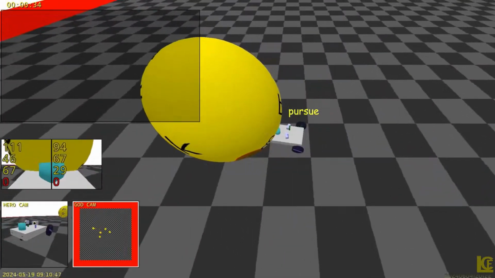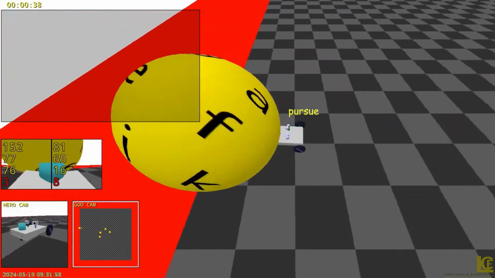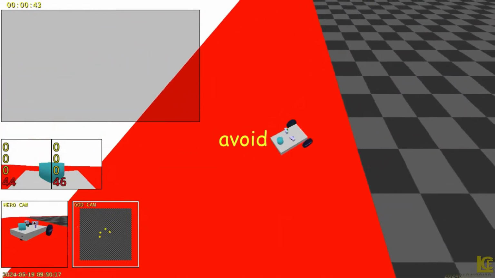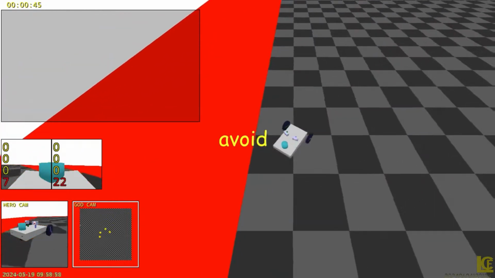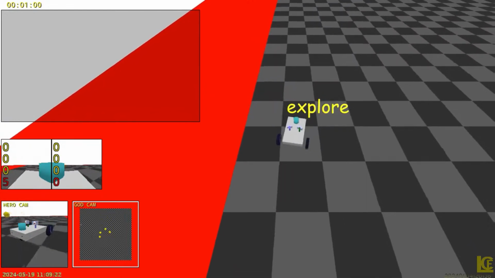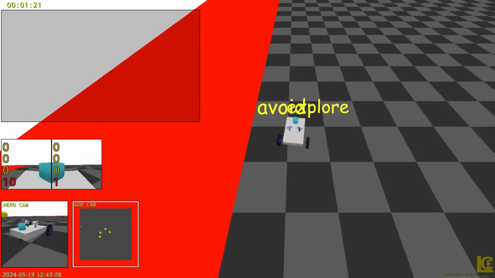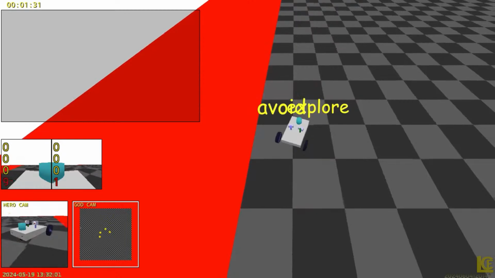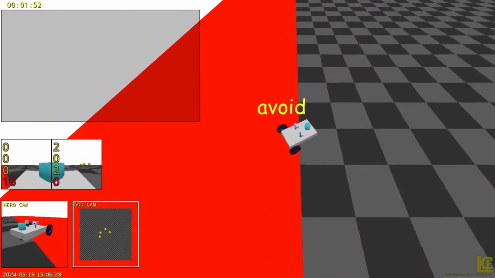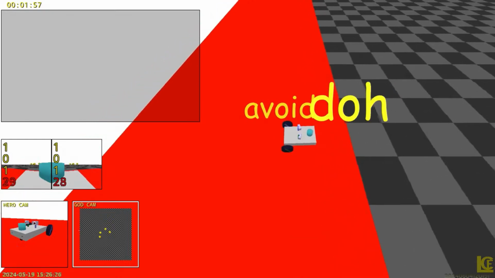And the researchers' three-way strategy of pursue, avoid, explore, although it worked pretty well, had particular trouble, especially when switching between the strategies. There were lots of problems.